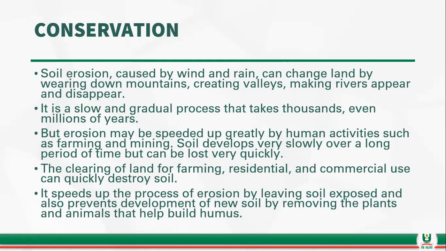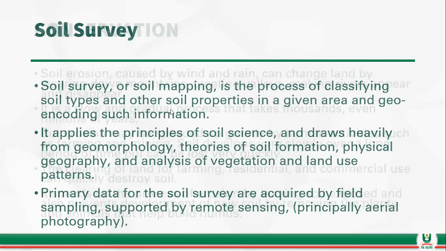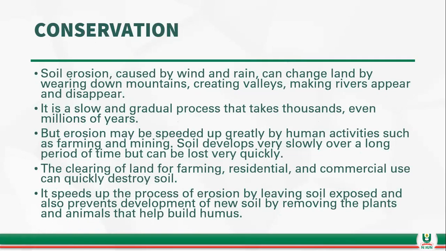So, soil conservation. Soil erosion caused by wind and rain can change land by wearing down mountains, creating valleys, and making rivers appear and disappear.